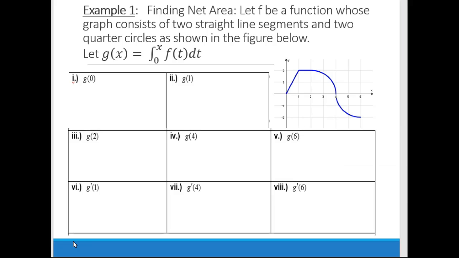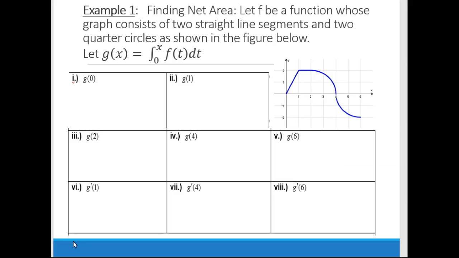The function g of x can be represented by the integral that always starts at 0 and integrates the function f of t. Find the values indicated for g. So let's start with the very beginning.